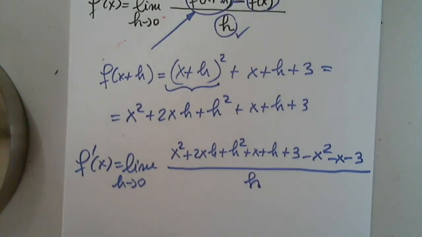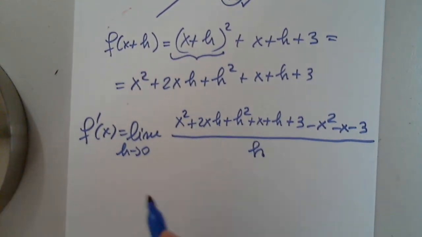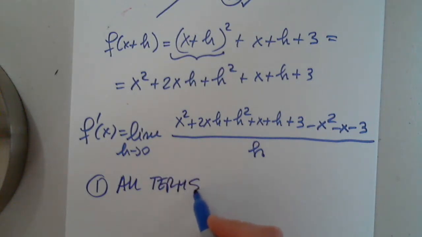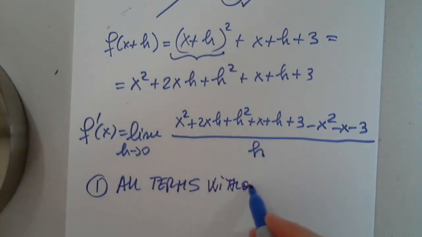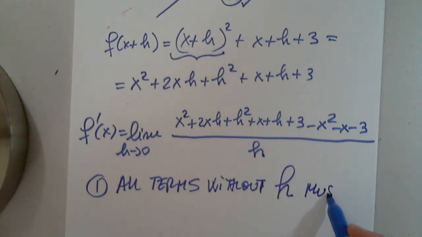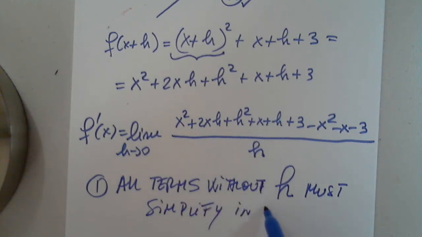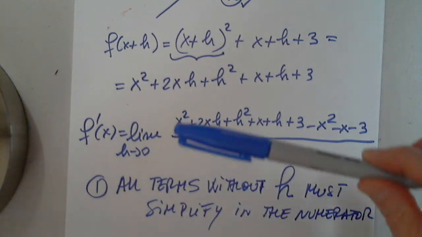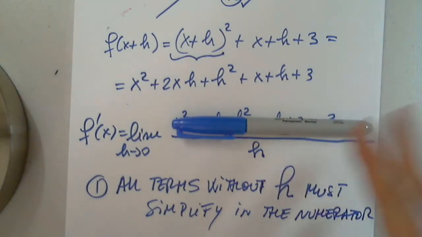Okay, let's write them down again. This is super important. Number 1, all terms without h must simplify in the numerator. If they don't, this has no meaning. I have made terrible mistakes somewhere.